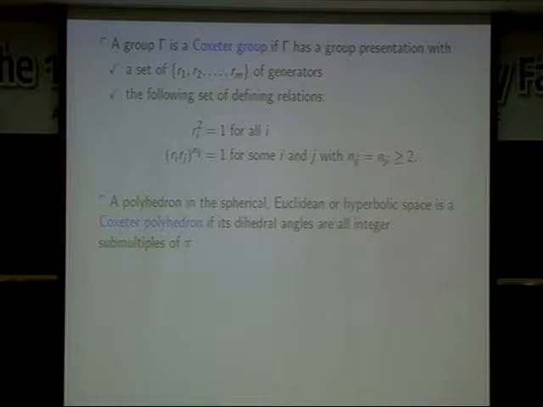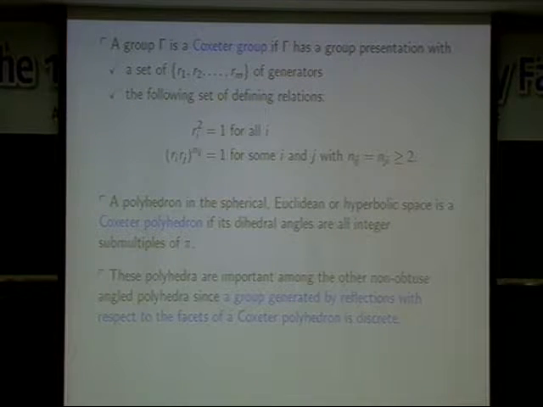A polyhedron in spherical, Euclidean, or hyperbolic space is a Coxeter polyhedron if its dihedral angles are all integer submultiples of pi. These polyhedra are important among non-obtuse angled polyhedra because the group generated by reflections with respect to the facets of a Coxeter polyhedron is discrete.